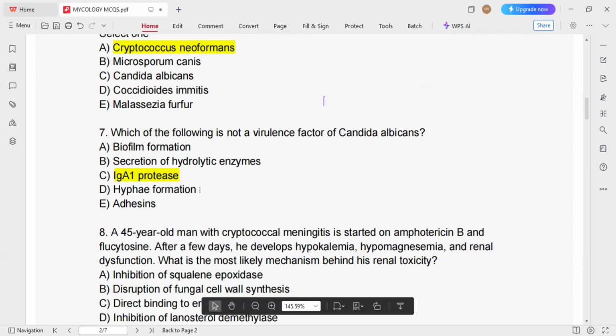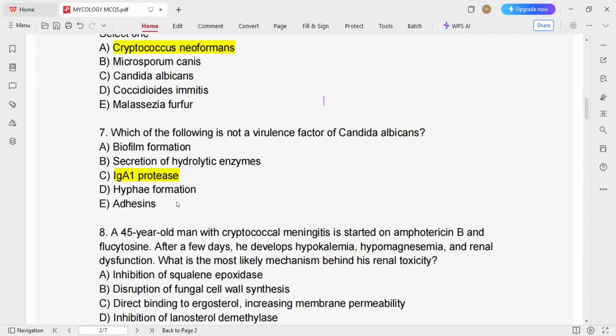Then hyphae formation, that is true. We said Candida is dimorphic, existing in both the yeast and the filamentous form. As Candida transitions from yeast to the hyphal form, the hyphae are used to penetrate the host tissues, and it also resists phagocytosis.